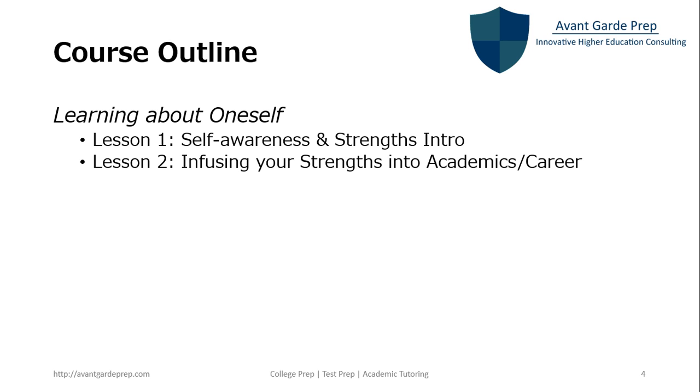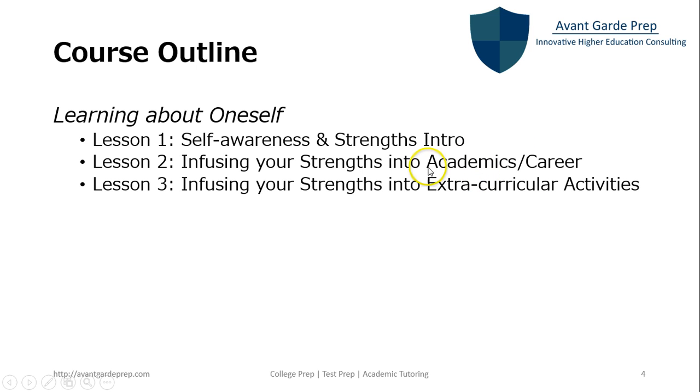Lesson 2 is learning how to infuse your strengths into your academics and your career, working with the use of your strengths and how that applies to these individual areas. Lesson 3 is infusing your strengths into extracurricular activities. So the things that you do well, how do they apply to your extracurricular activities, or what more can you potentially be doing to further sharpen those skills that you have with your strengths.